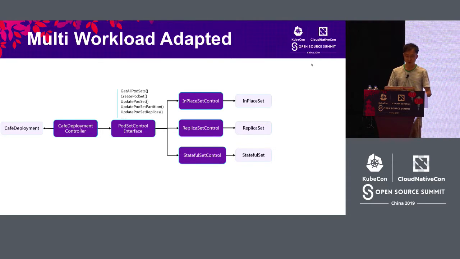And the cafe deployment is not directly working on the pods. There's an interface, the pod set control interface, and it uses this interface to work on the bottom workload, like the replica, etc. In-place set has realized the grouping and high availability scheduling across different data centers.